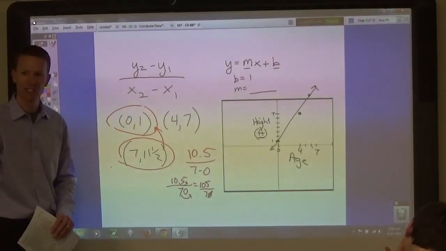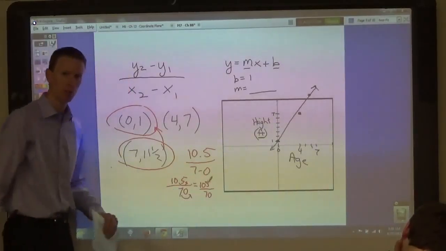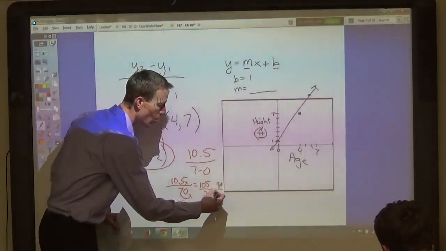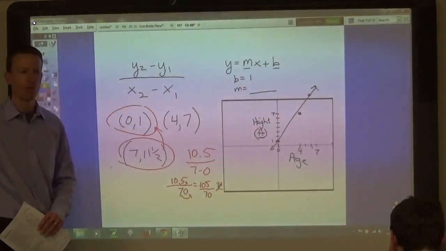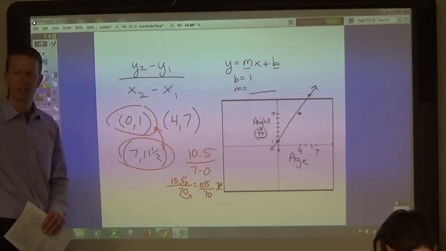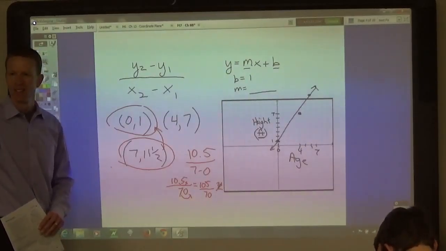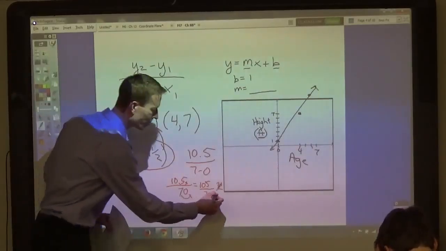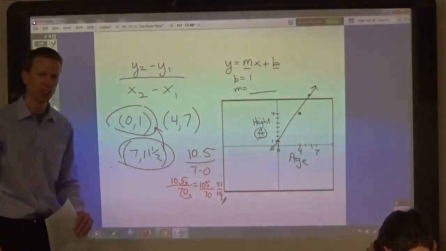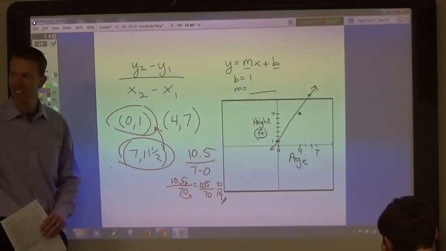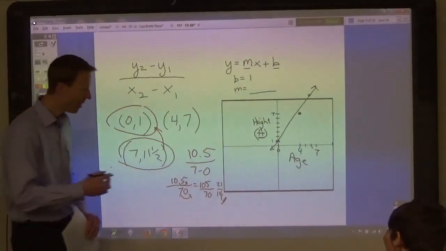And then reduce it by 5s, because they both end in a multiple of 5. So 21 over, what's 70 divided by 5? 14. 21 over 14, which is, divide both by 7. 3 over 2, yeah.